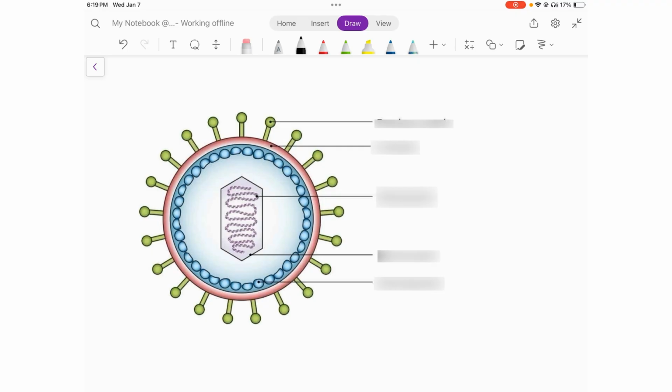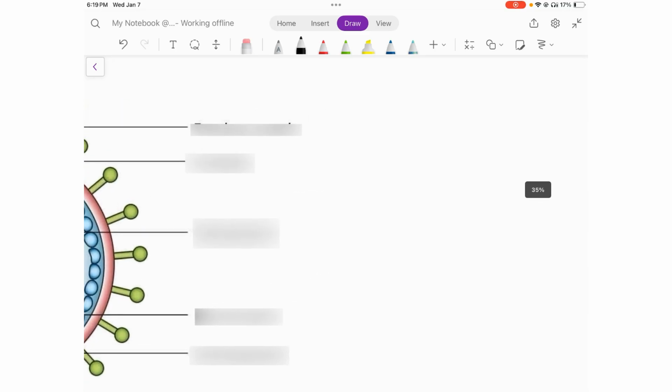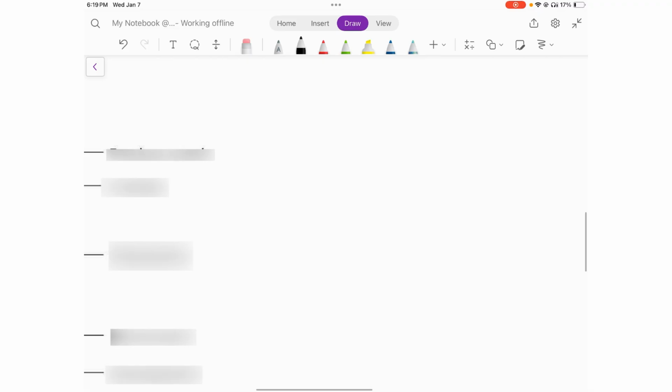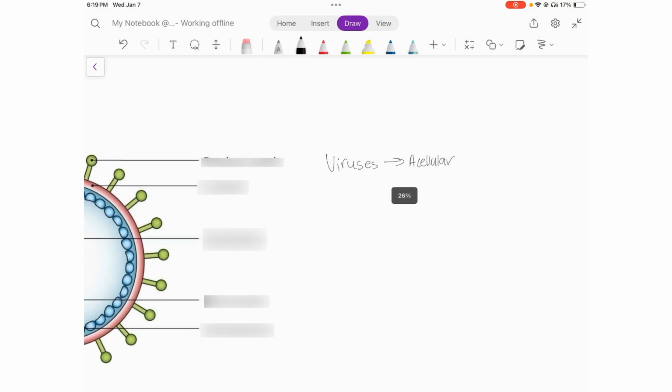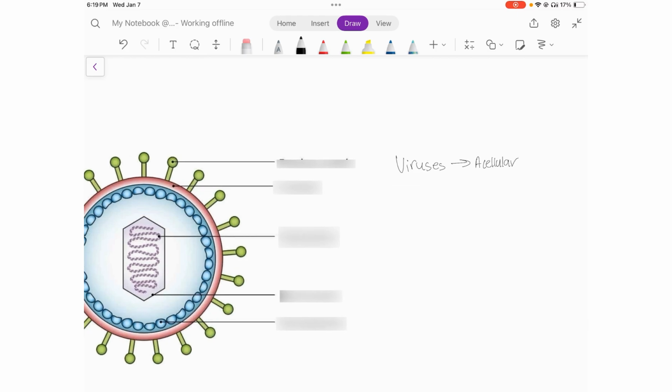Some are debating that they're acellular, but the theory with most empirical proof at the moment is that viruses are acellular. Okay? Now, let us look at the structure of a virus.